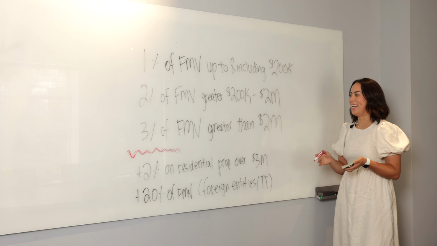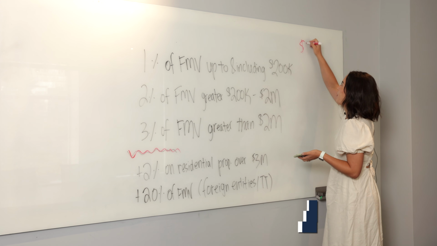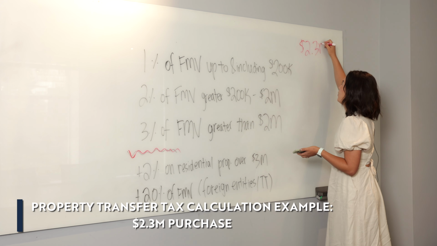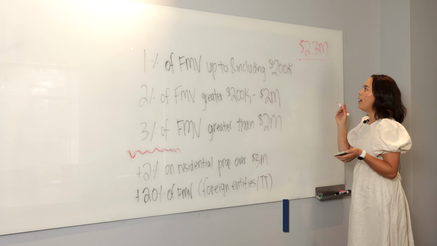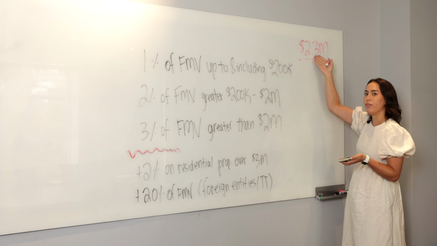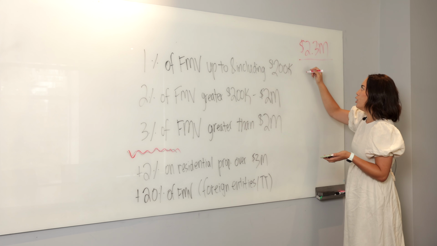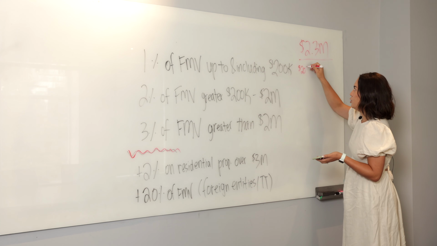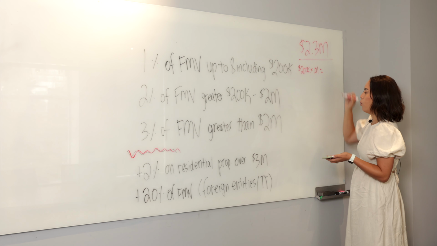So next I'm going to take a number that includes all of these sliding scales. So let's say that we are working with a transfer of $2.3 million. How are we going to calculate this? We can just start by breaking down what part of this $2.3 million is included in each section. So here we've got a base of 200K, and that amount's going to be multiplied by 1%.